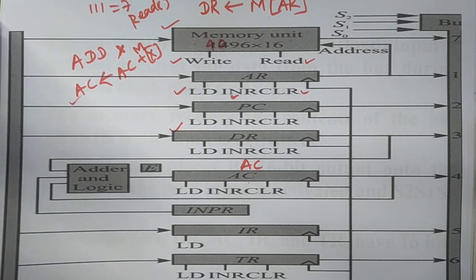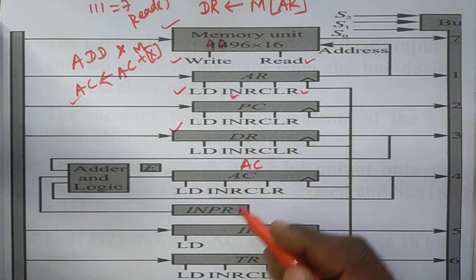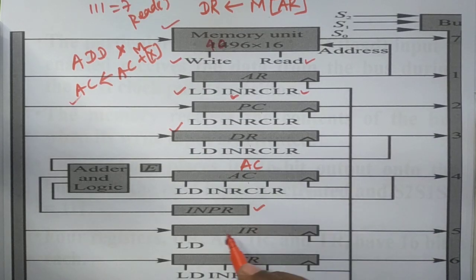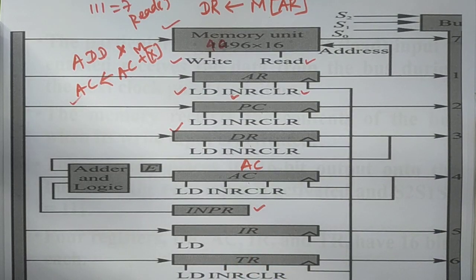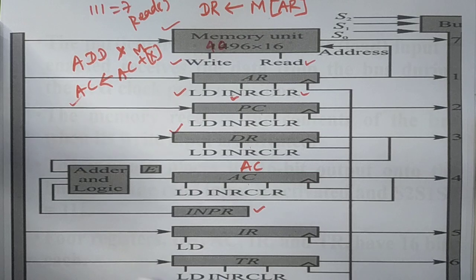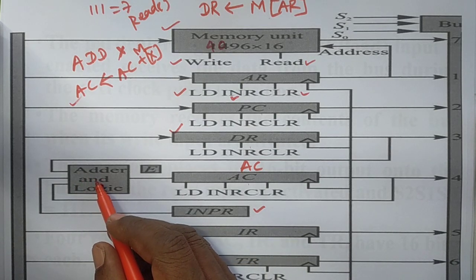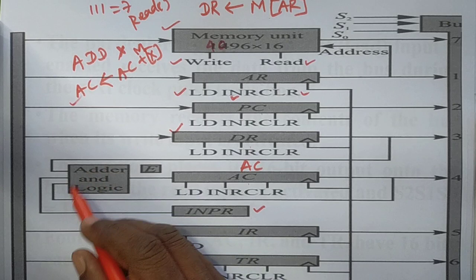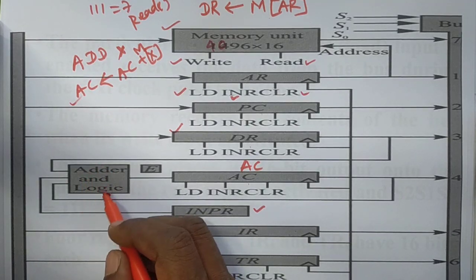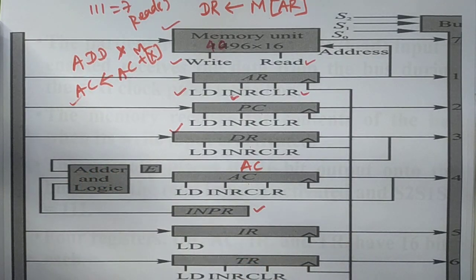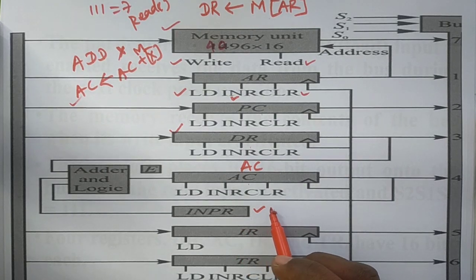Again, you see this input register doesn't link to the common bus. There is no link; the input register directly receives data from input devices and sends it to the adder or logic circuit. So there is no data received from the common bus.